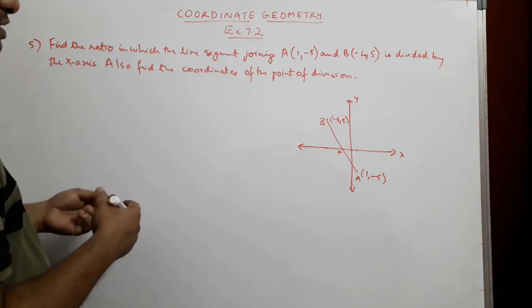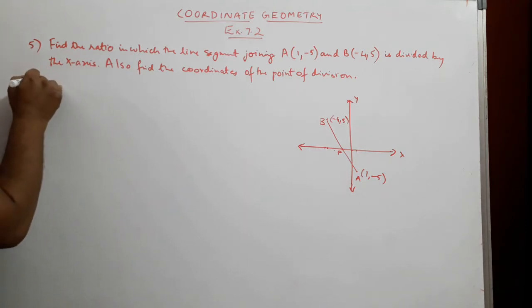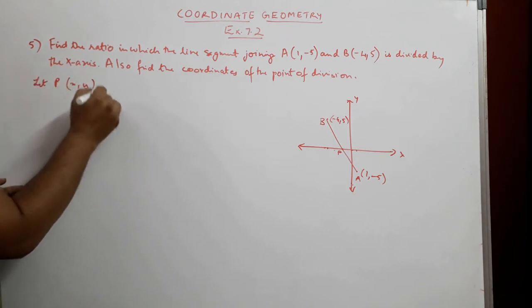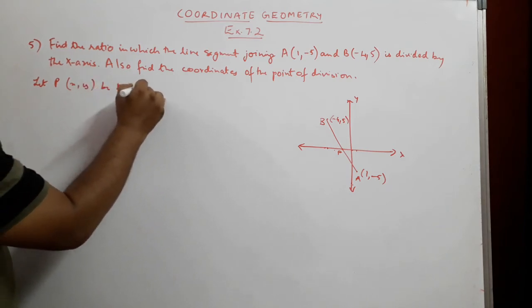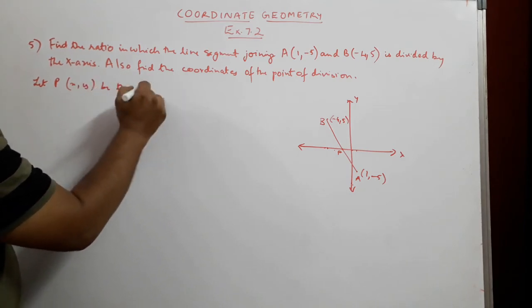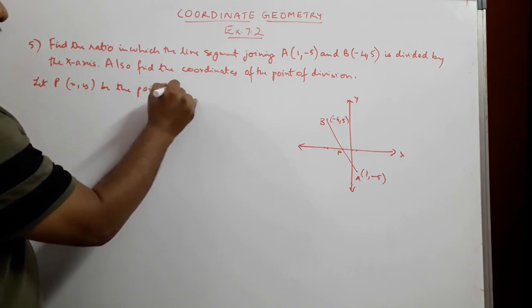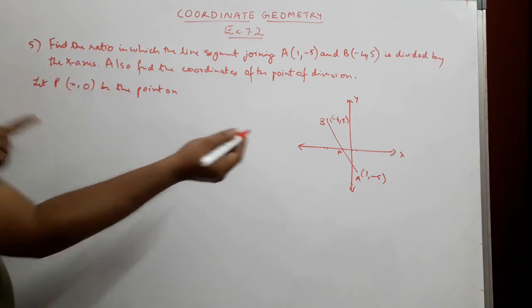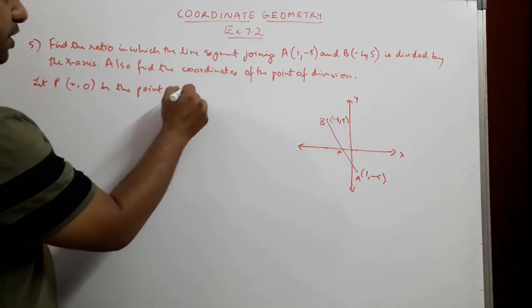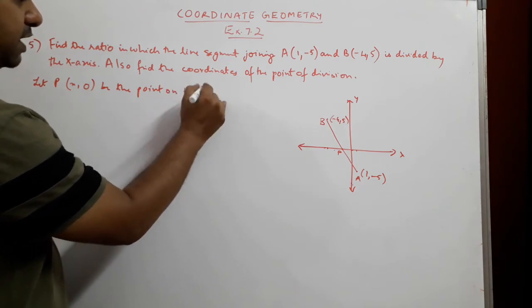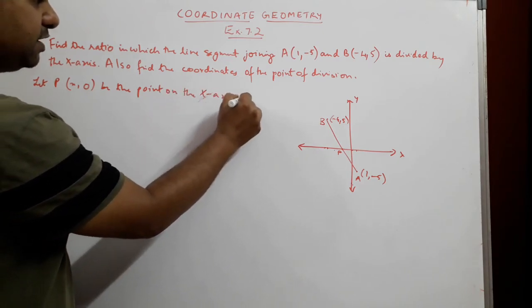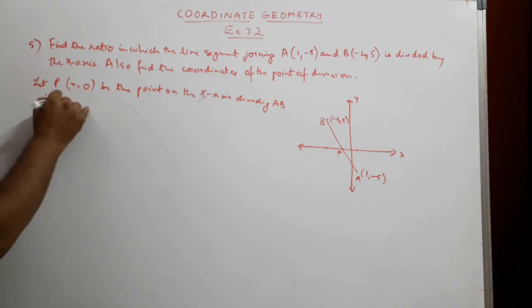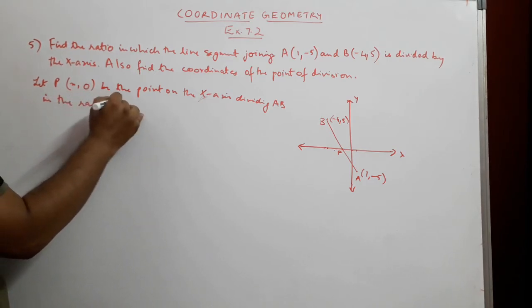We know the y coordinate is 0, so let P(x, 0) be the point on the x-axis dividing AB in the ratio k:1.